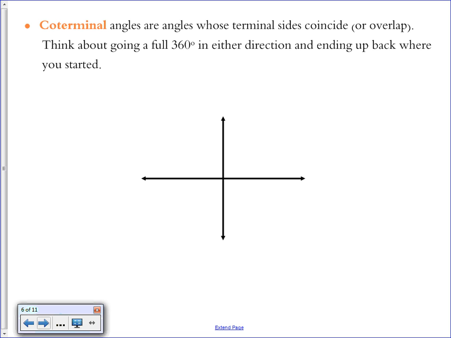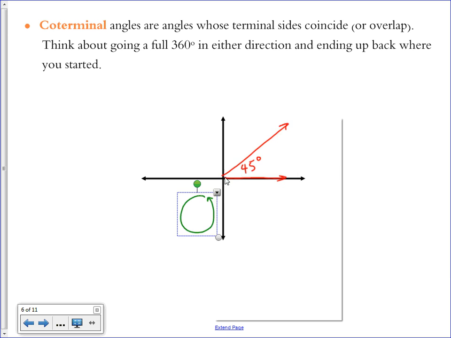overlap or coincide. So when I think about going a full 360 degrees, either counterclockwise or clockwise, you end up back where you started. If you have, let's say, a 45-degree angle right in the middle of quadrant 1, it is going to be coterminal with, if you just continued rotating all the way around another full 360 from there, 45 plus 360.